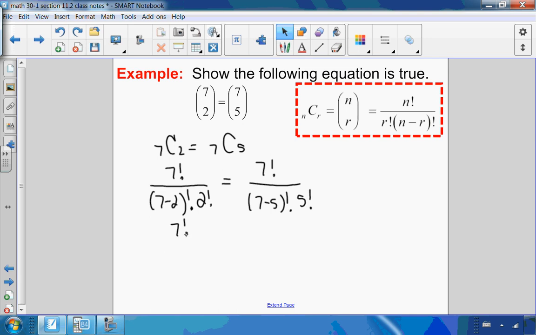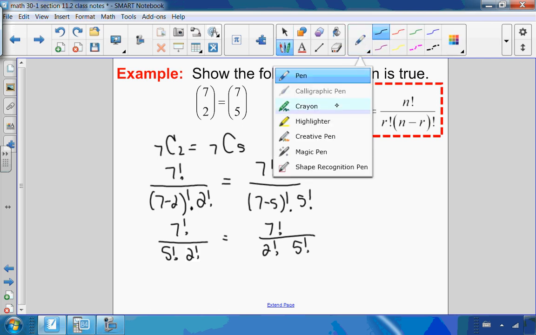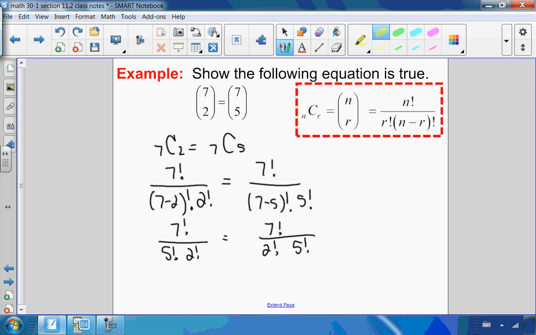So tidying this up, I have 7 factorial over 7 take away 2 is 5 factorial, equals 7 factorial over 7 take away 5 is 2 factorial, 5 factorial. So hopefully you guys can see those are the same, but let me just highlight it for you. I have a 7 factorial on top, and then I'm dividing by a 5 factorial multiplied by a 2 factorial. Since the order that you multiply numbers doesn't matter, you can see that these are exactly the same. So we've shown that they're the same.